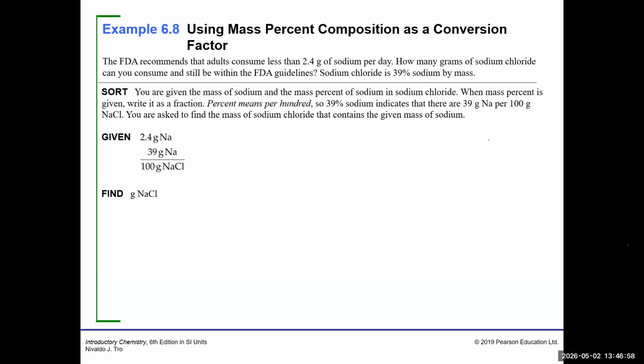So now you are given the mass of sodium and the mass percent of sodium chloride. When the mass percent is given, we write it as a fraction: 39 grams of sodium per 100 grams of sodium chloride. That's how we write the percentage.